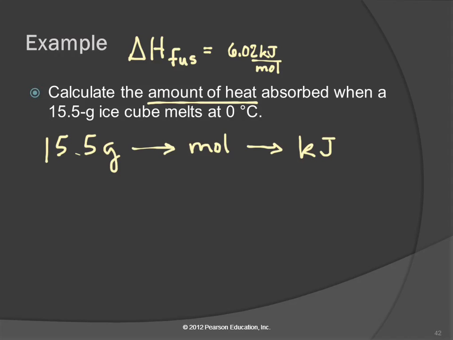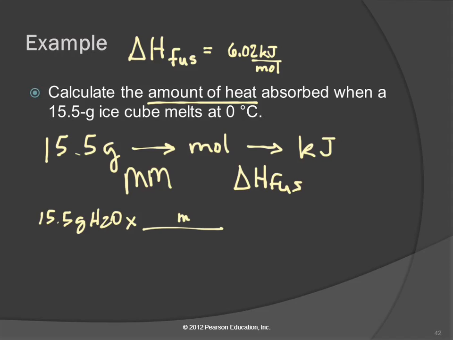So we can convert from grams to moles, right? That should be old hat. And this heat of fusion is what we're going to use for the moles to kilojoules. Molar mass is what we use for the first step. So 15.5 grams of water, and we need to convert to moles of water and then to kilojoules. We get all of our units in first.